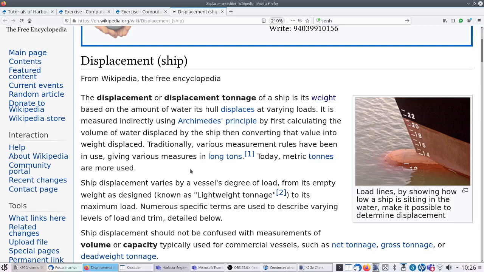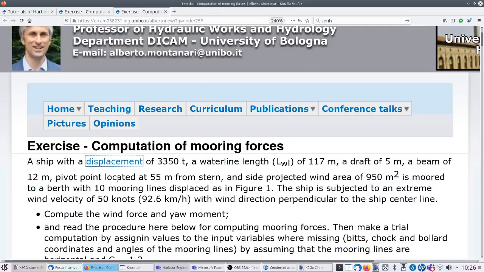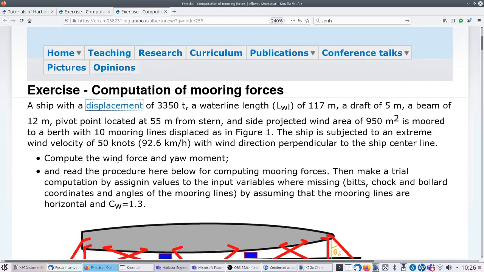So when we talk about displacement, basically we mean the ship weight, but actually it is defined as the weight of the volume of water that is displaced by the ship. Okay. So the displacement is 3,350 tons, a waterline length of 117 meters.